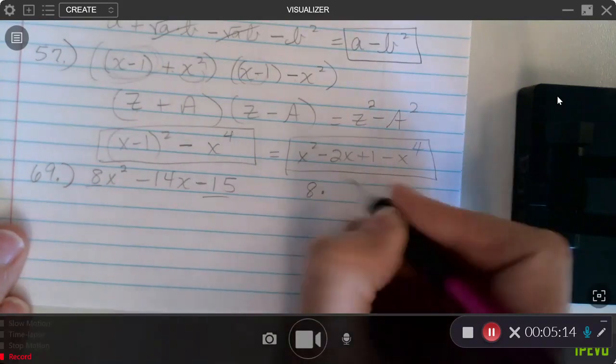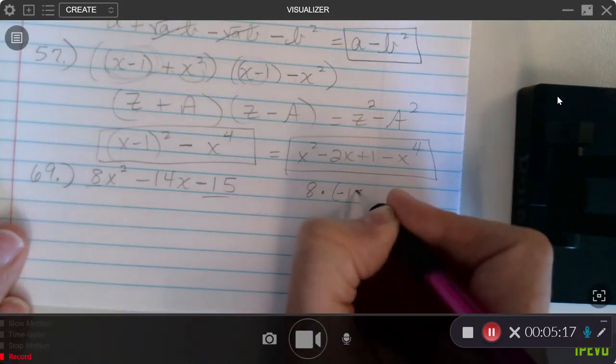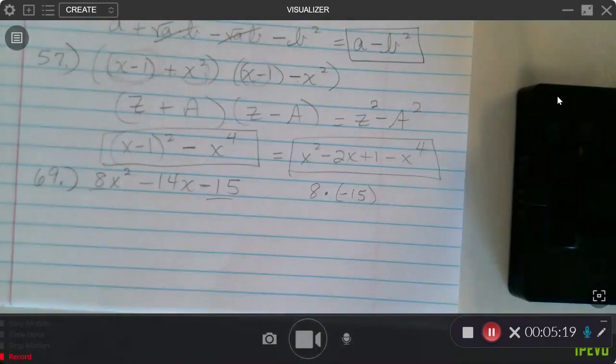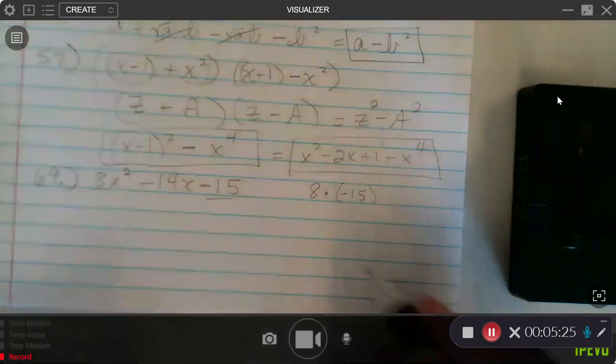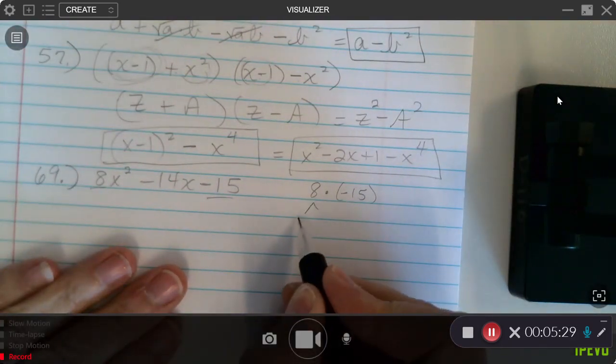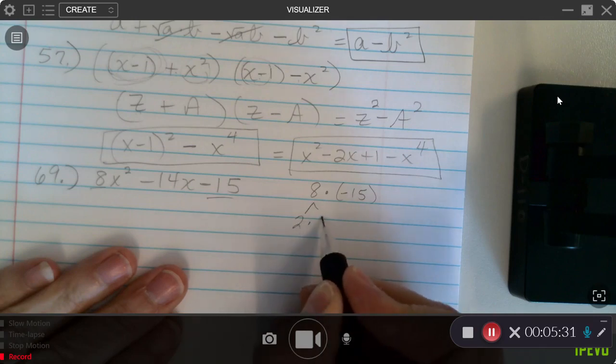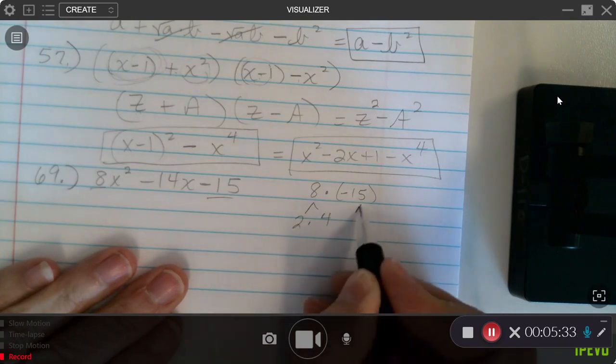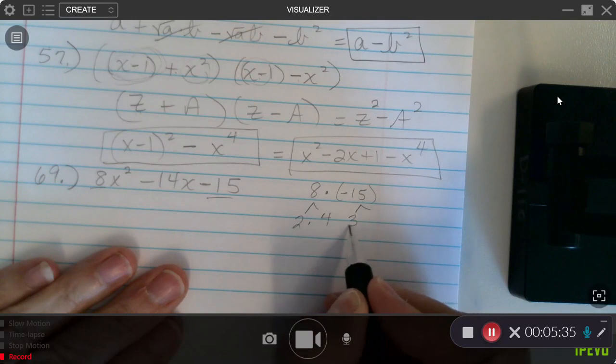Or times negative 15, right? You know what? I don't even think I want to multiply them out. Because I know all the factors are there, 8 and 15. How does 8 split up? 2 times 4. How does 15 split up? 5 times 3.